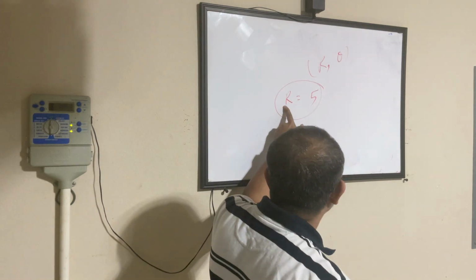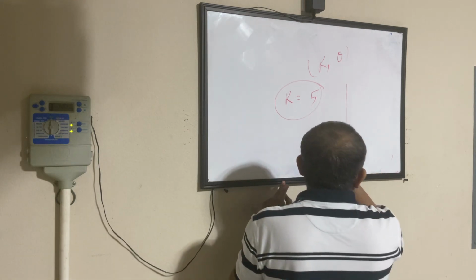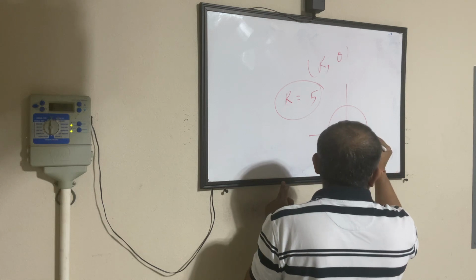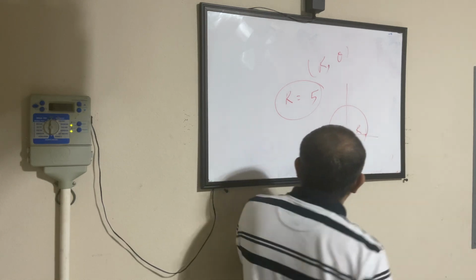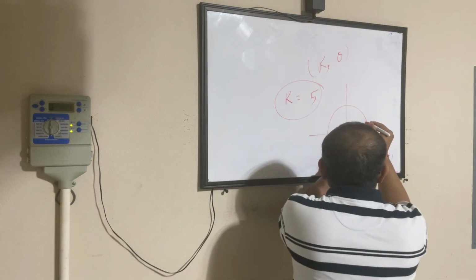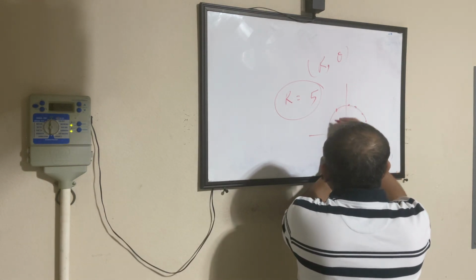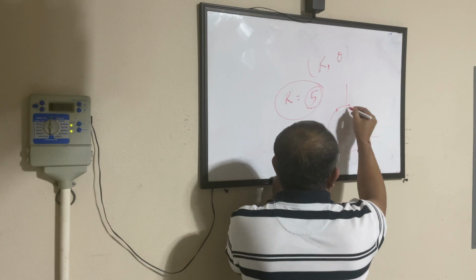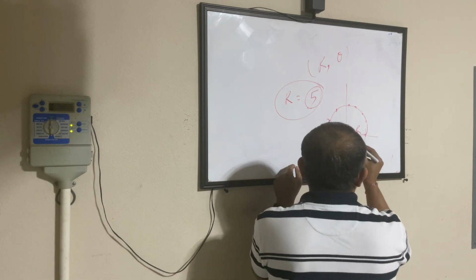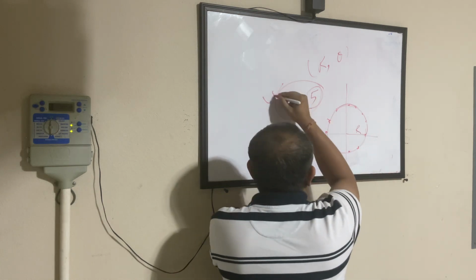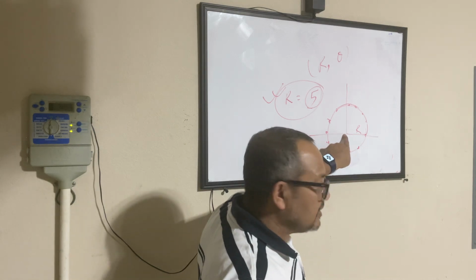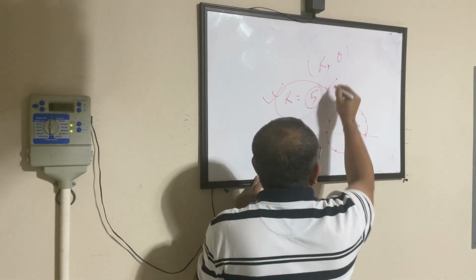R is nothing but a radius. You are essentially talking about a circle with a radius of r. And this is called a polar equation because it represents every point, regardless of the angle, on this circumference, which represents the equation r equal to 5. So this is called a polar equation.